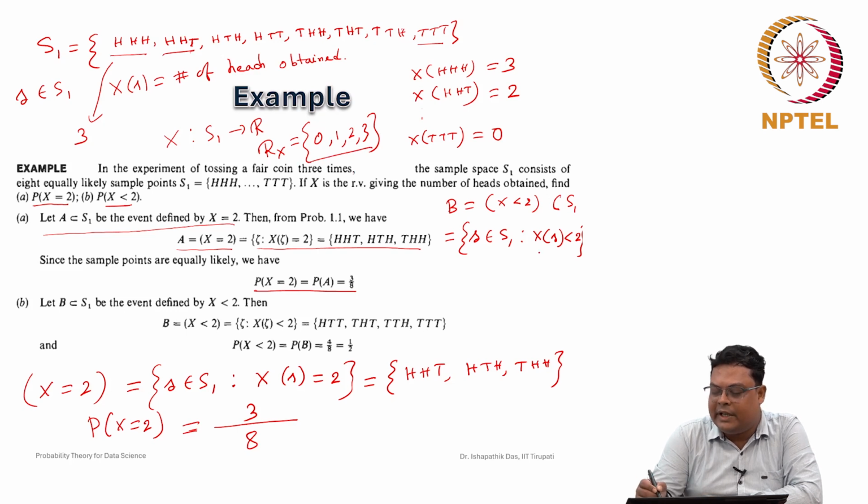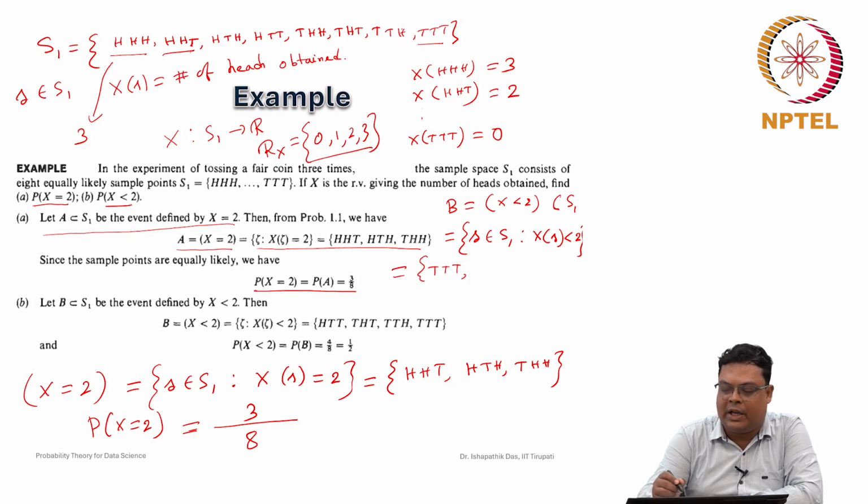Now we want to find all s belonging to S1 such that X of s is less than 2. That means the values it can take are 0 and 1. Corresponding to 0, it is TTT, where X of s is equal to 0, only one outcome.